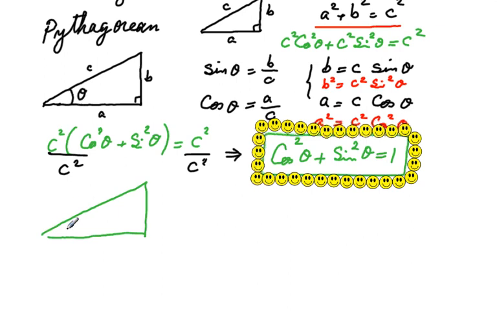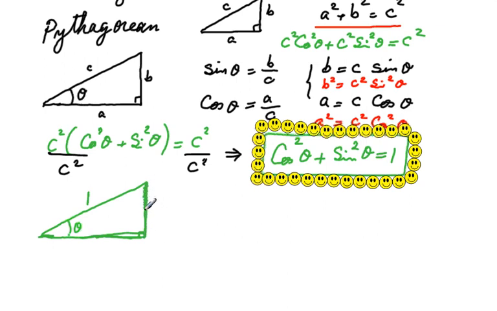Let's take a triangle, and for every one of these identities we go through, we are going to take turns making one of these sides to be 1. Here I take my hypotenuse to be 1. This angle is still theta. Now I have to remember quickly, if the hypotenuse is 1 and this angle is theta, the opposite of it is going to be what?